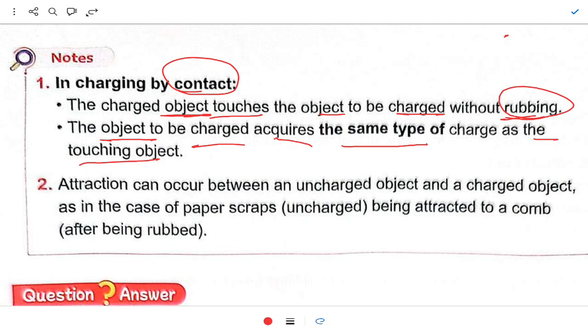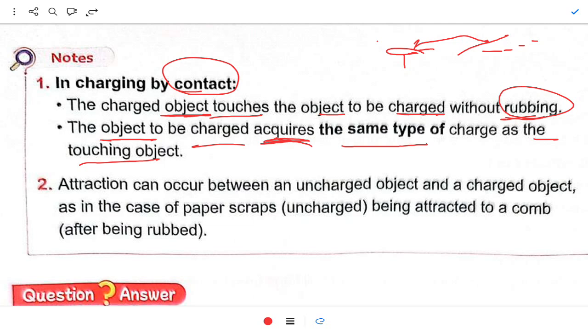So if you have a rod and you have something like a disk, if this rod is negatively charged and touches this disk, the disk would also be negatively charged.